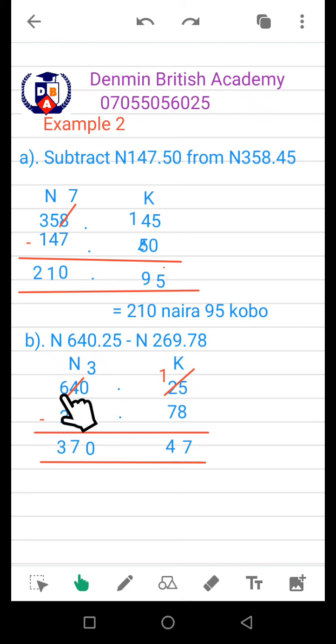We have to borrow 1 from 6. It becomes 13. 13 minus 6 is 7. So here becomes 5. 5 minus 2 is 3. And that is how we got those numbers. So our answer here is 370 naira 47 kobo.